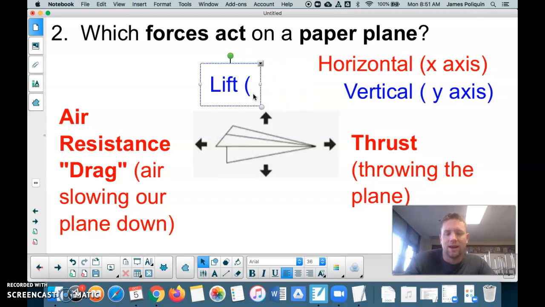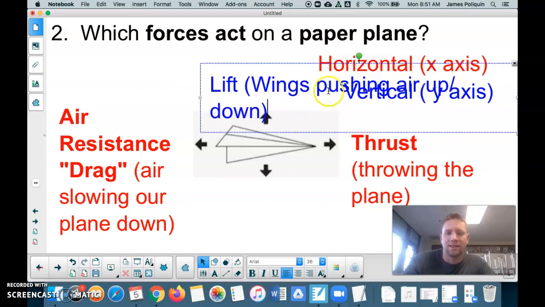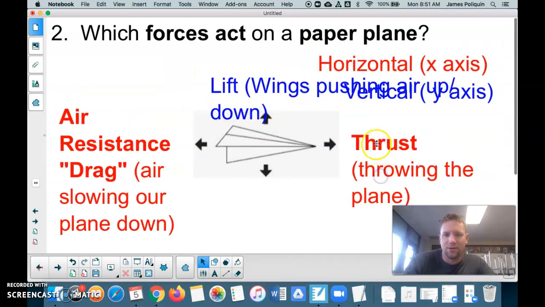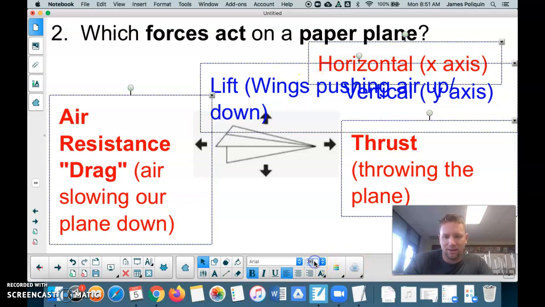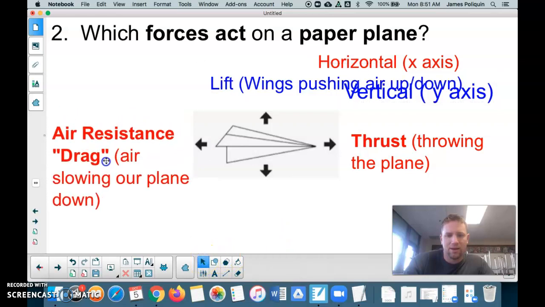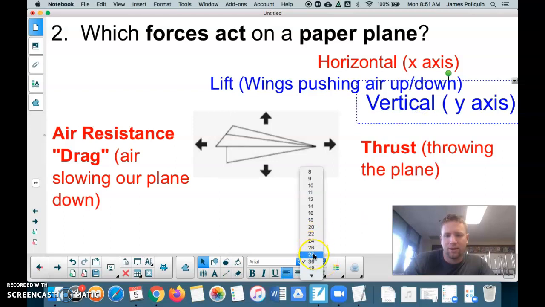You can kind of say the wings push air up or down. We can simplify it that way.